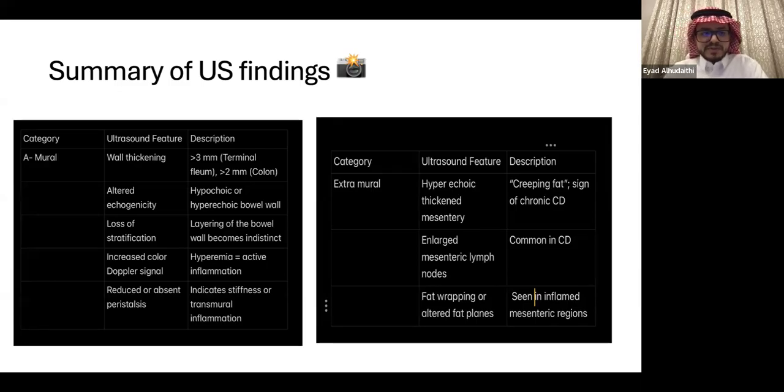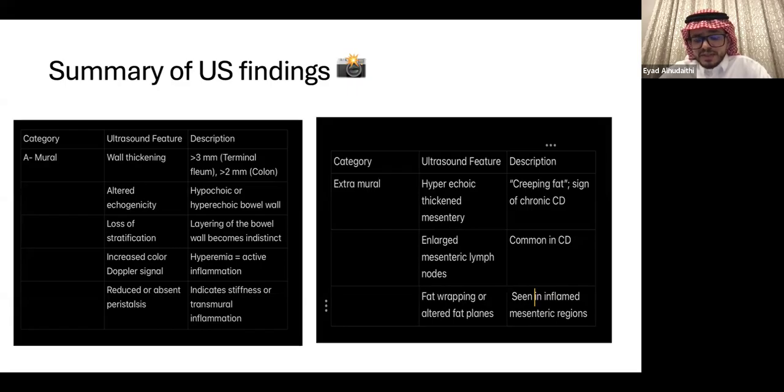But if you go to the left column, it's the mural finding. And the first one is the wall thickening. Actually, we don't have pediatric validated numbers so far. This is adapted from adult. And there is an ongoing study to determine what is the appropriate cutoff for the pediatric age group.